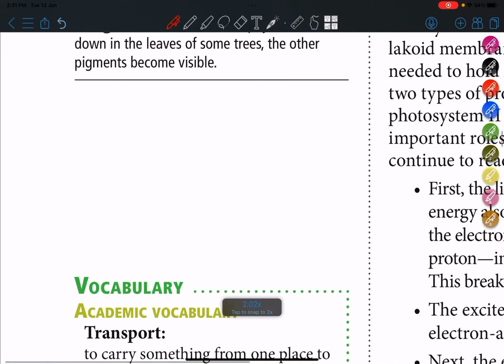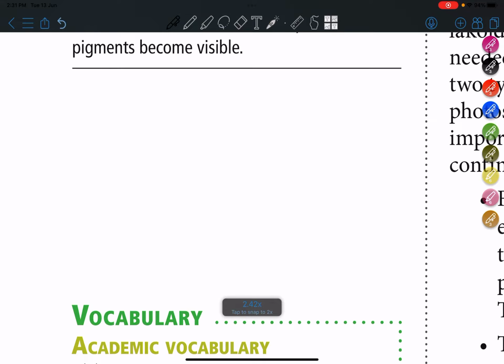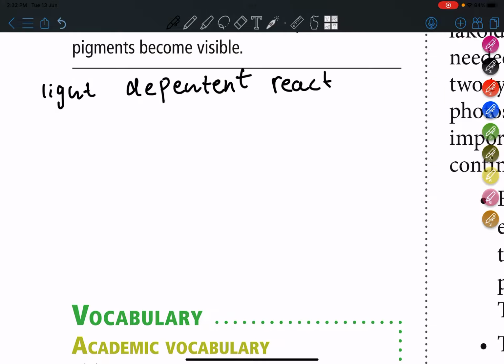Let's go over an overview of the light-dependent reaction, also known as the electron transport chain.